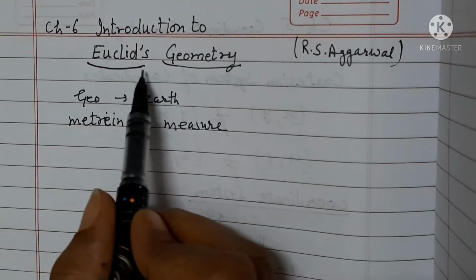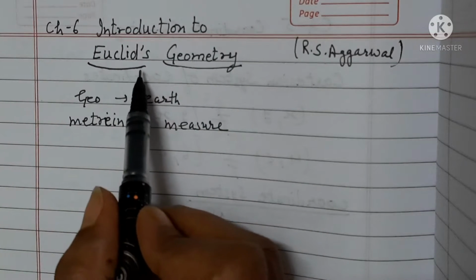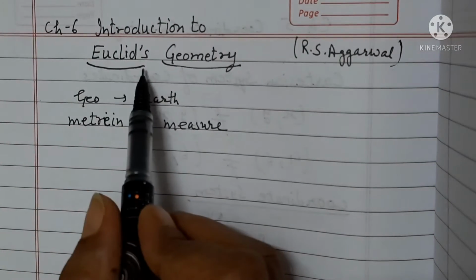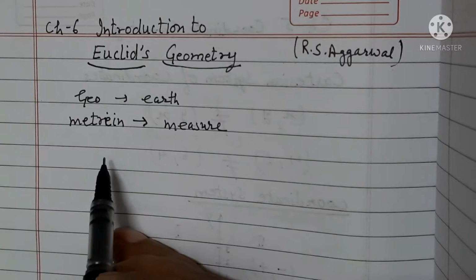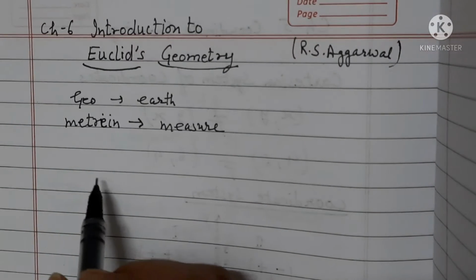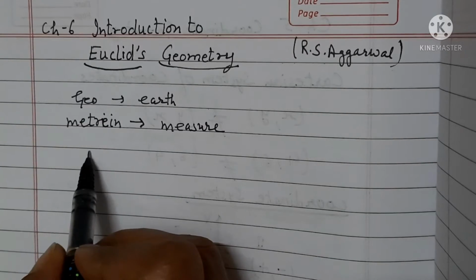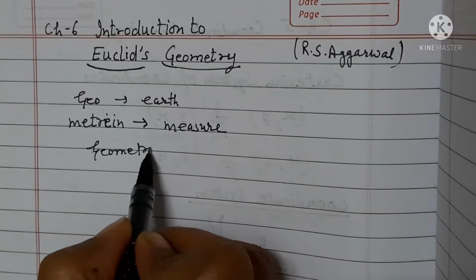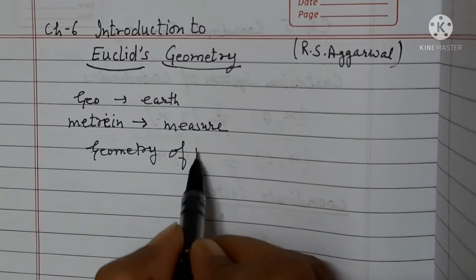He is a great mathematician and belongs to Greece. So Euclid is a great mathematician who explained the geometry of plane figures.